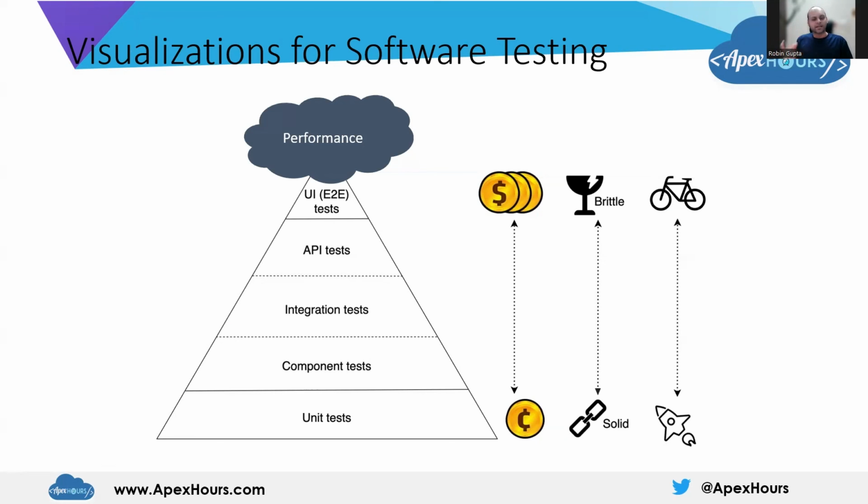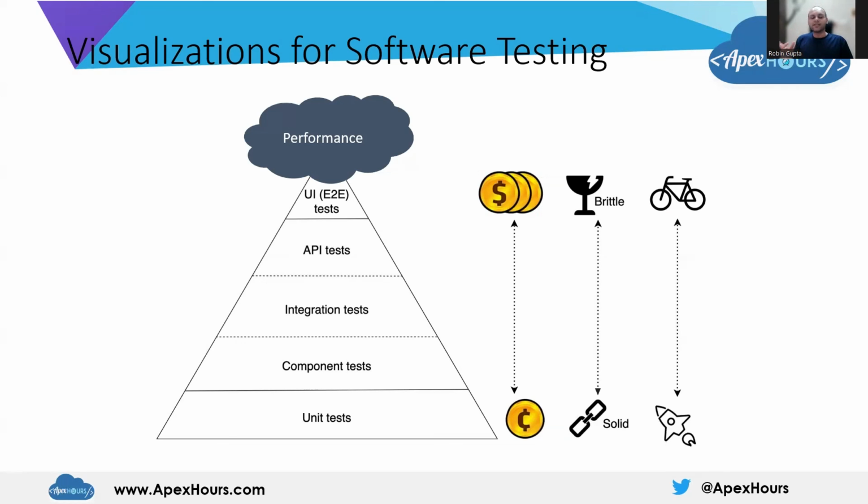Unit tests are pretty solid, but as we go up the pyramid, these tests start becoming a little brittle and flaky. For example, when we write the unit tests in our code, they could be really solid. And as we go up the pyramid, the UI tests could be a little brittle, could be a little flaky, depending on the UI of the application.